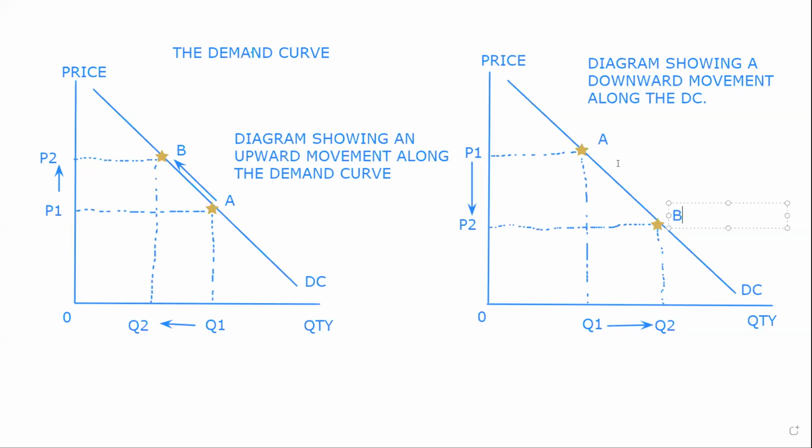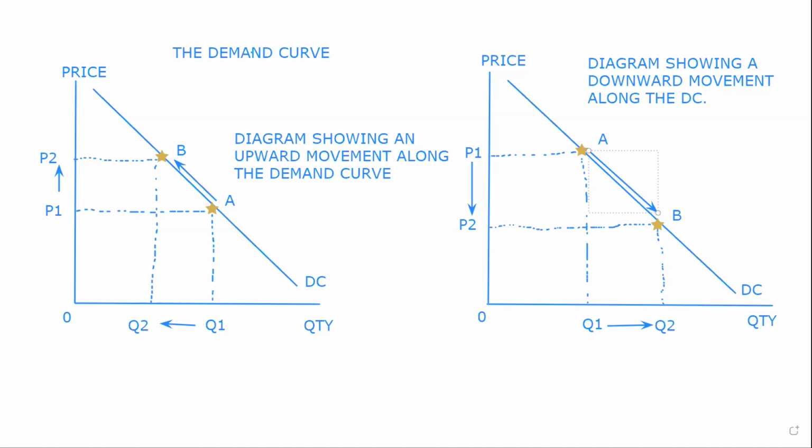I'm just showing it to you guys just to show that this is point A, this is point B. When price decreases from $5 to, let's say, $1, our quantity demanded, let's say it was 10, we end up buying 20 because price decreased, right? That will therefore cause a downward movement along the demand curve from point A to B.